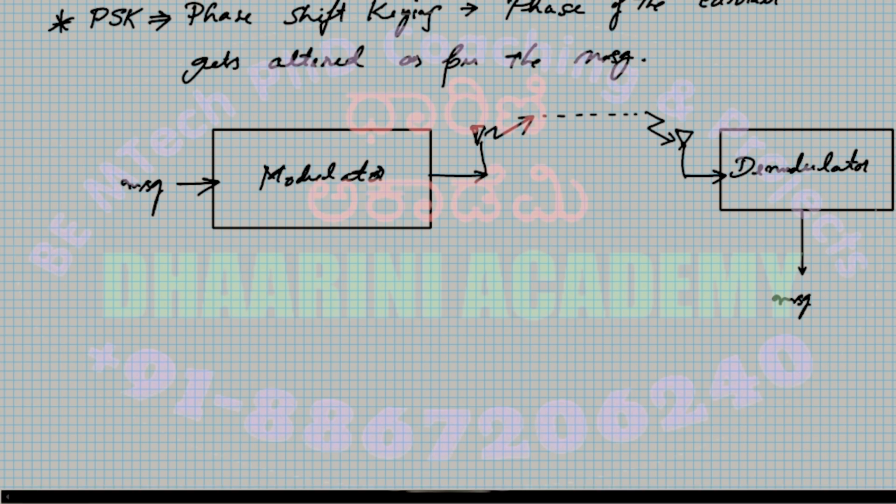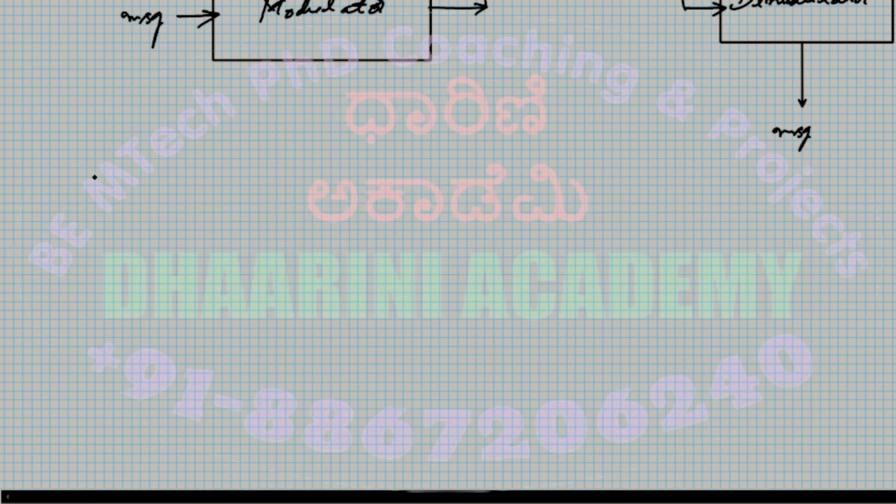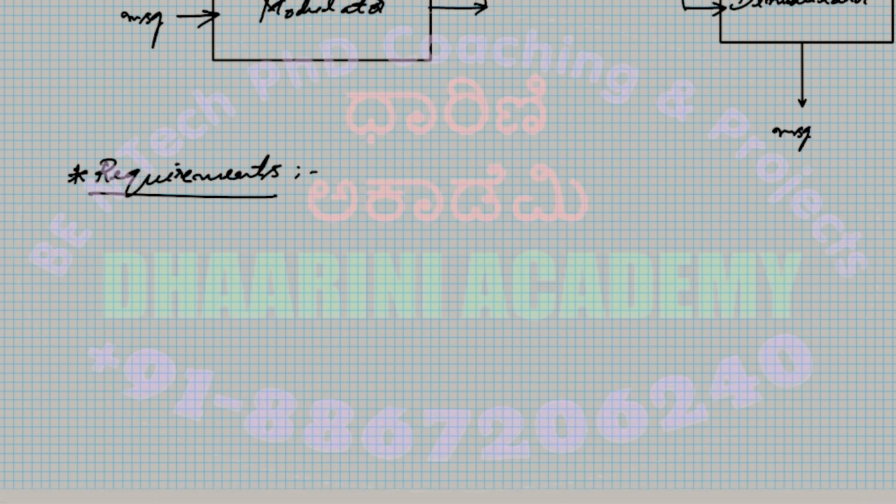And in addition to that, we have many other requirements, such as, okay, so I'll write the requirements. What are the desirable requirements to be met when we want to use the modulation schemes or modulation techniques?